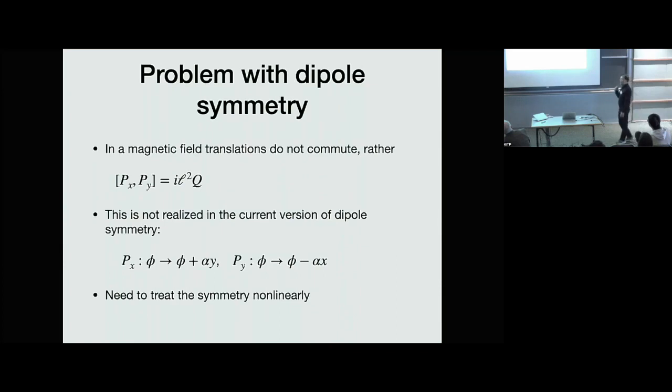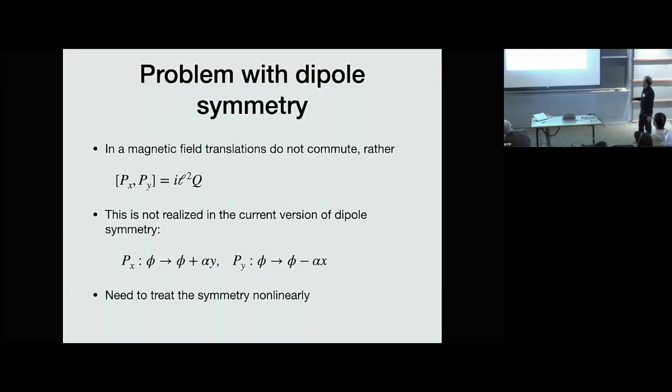But now there is a slight problem one can notice. If we are discussing a system in a magnetic field, we know that the two translations do not commute. Translation along the x direction and translation along the y direction commute to the charge times L squared, that is, the square of the magnetic length. And that is not realized in the current version of the dipole symmetry.